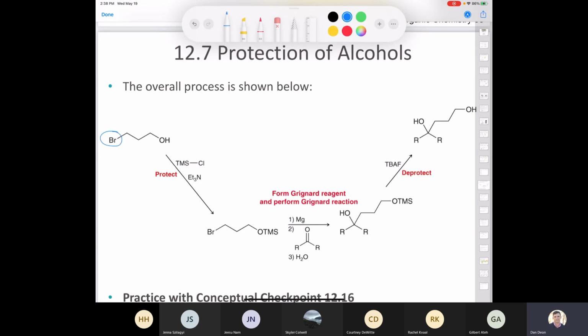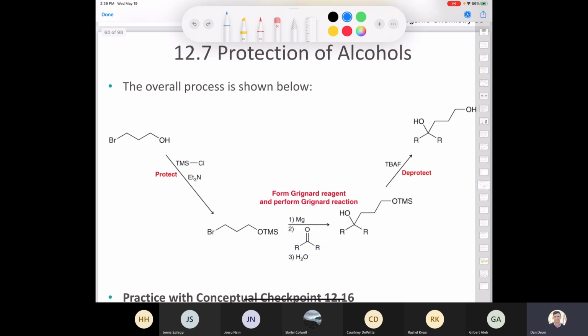You've got your alkyl bromide, you've got your alcohol. First, you need to protect that alcohol. You treat it with trimethylsilyl chloride and triethylamine, and you end up making the silyl ether. The silyl ether is going to be impervious to, first, the formation of the Grignard reagent, second, the Grignard reaction, and third, the addition of water to make the alcohol.